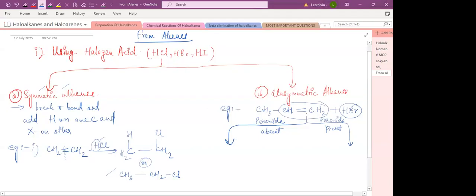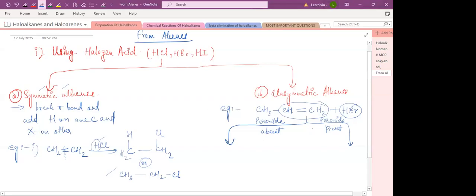Now see, in these two, which carbon has more hydrogen substituents? Obviously this one, CH2, and this is CH. Only one hydrogen is there here and two hydrogens there. According to the Markovnikov addition rule, the acid hydrogen attaches itself to the carbon which has the greater number of hydrogen substituents, and the halogen group attaches itself to the carbon atom which has fewer hydrogen substituents.